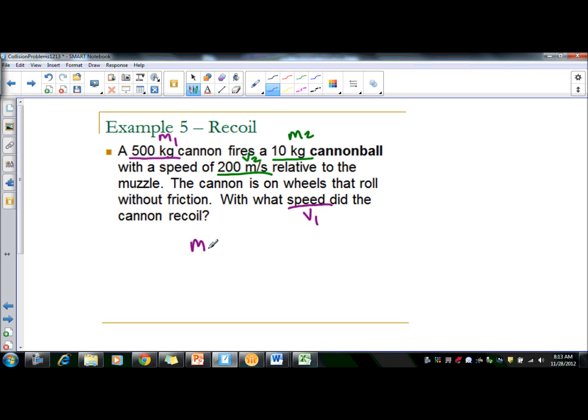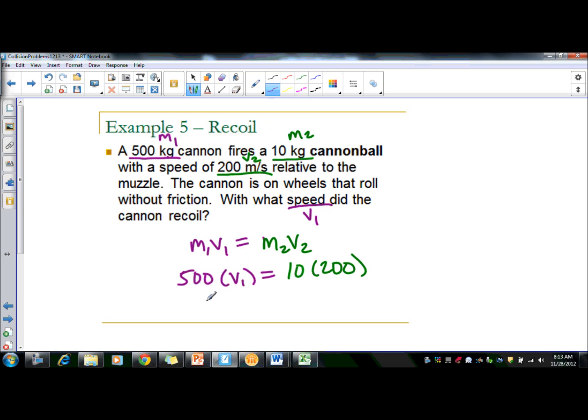So m1 v1 equals m2 v2, because they have to be equal. So we have 500 times v1 equals 10 times 200.